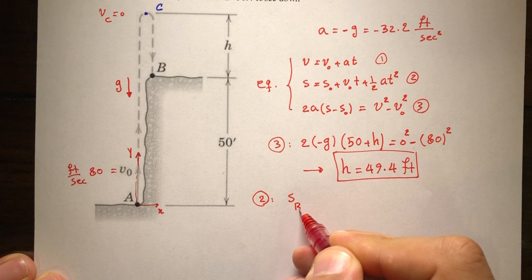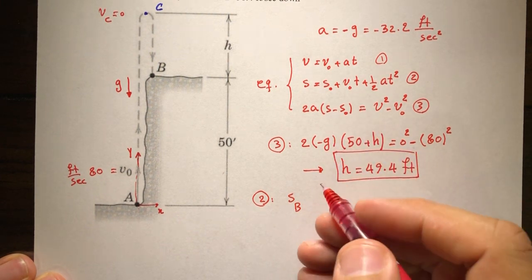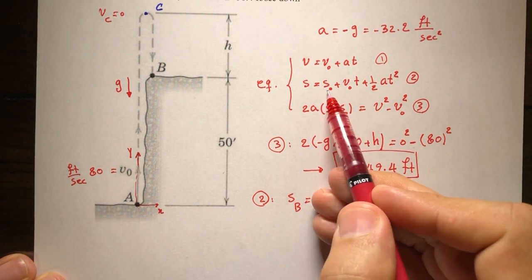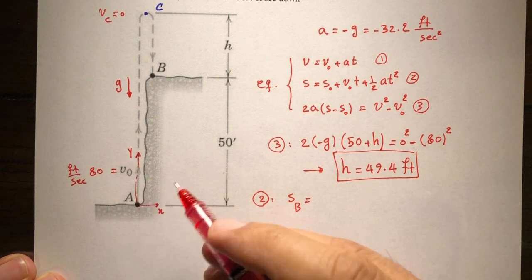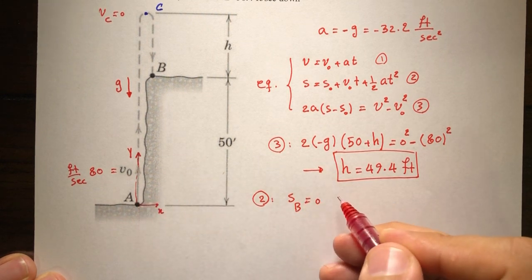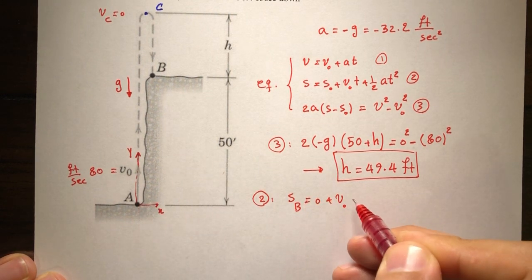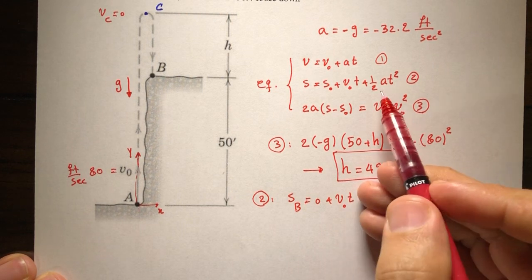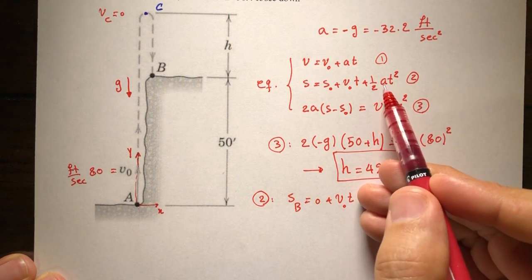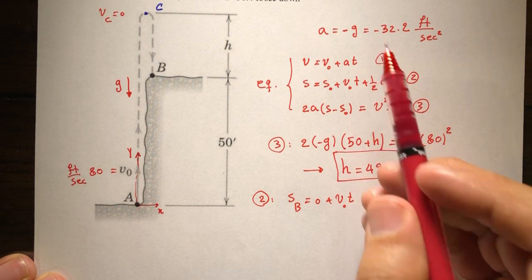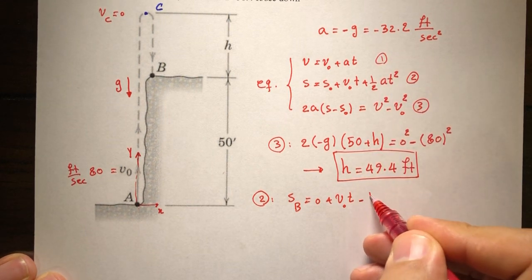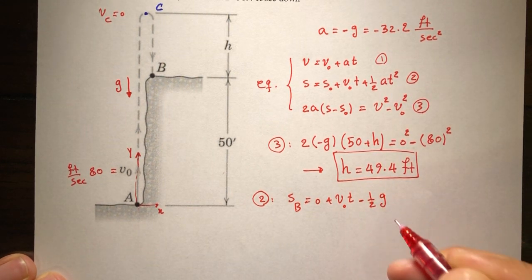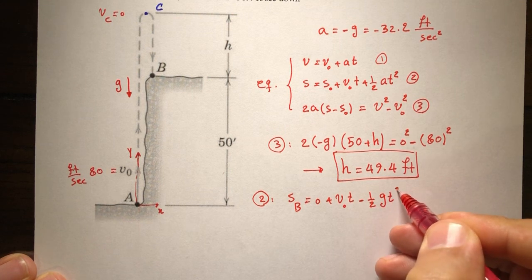S at b, I'm just rewriting this equation, is equal to initial position of the particle, which is 0, plus initial velocity times t. Then a is equal to negative g, so negative 1/2 of g, or 32.2, times t squared.